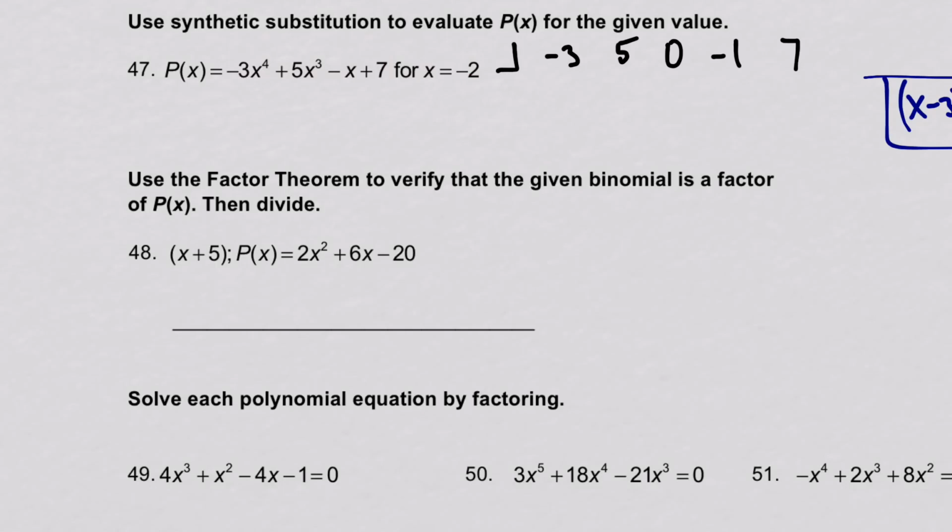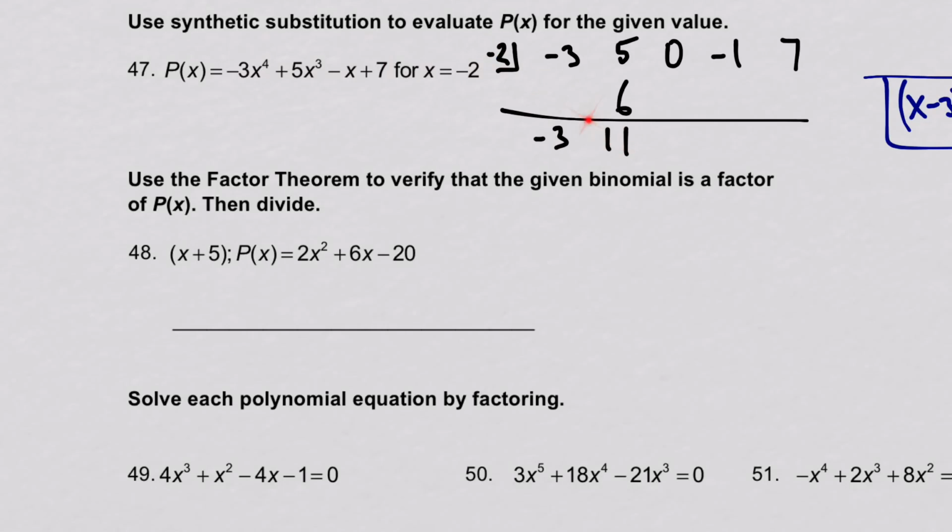And I'm checking that -2 is a solution, is what you're really doing. Whatever your remainder is, that's what the value is going to be. Bring down -3. -2 times -3 is positive 6. 5 and 6 makes 11.